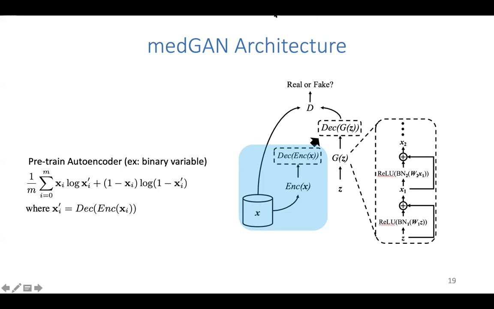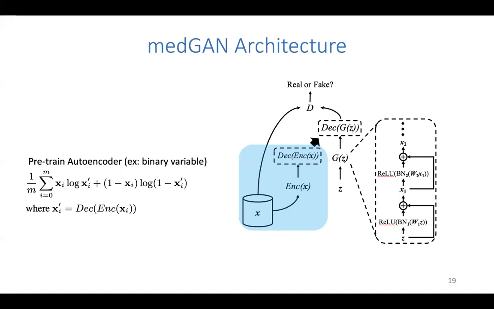So that is why we have a pre-trained autoencoder. Given the real data X, we have an autoencoder, and we are pre-training it separately. So this process has nothing to do with GAN training. There's simply an encoder and a decoder. The encoder compresses the real data, and then the decoder will decompress it.